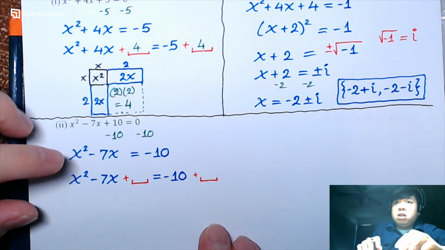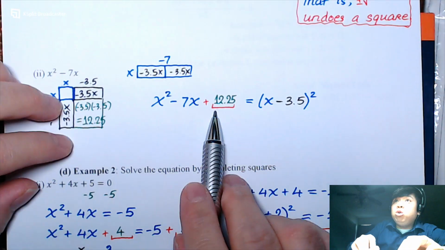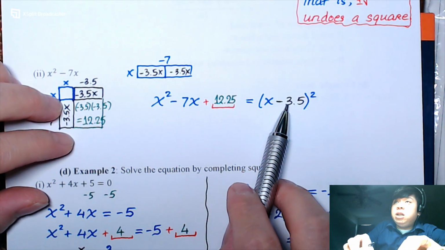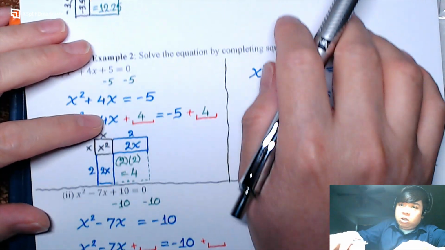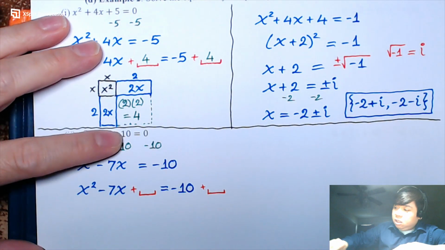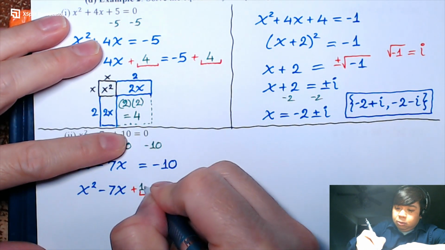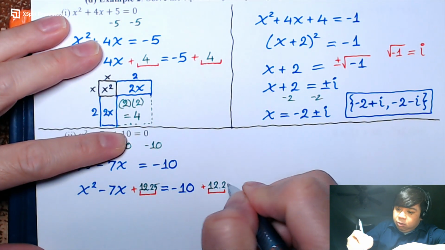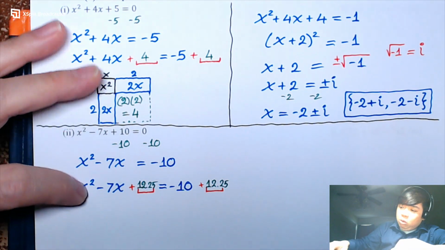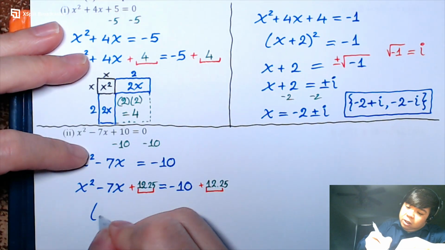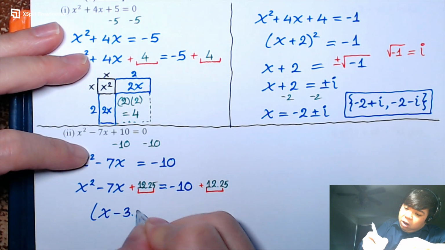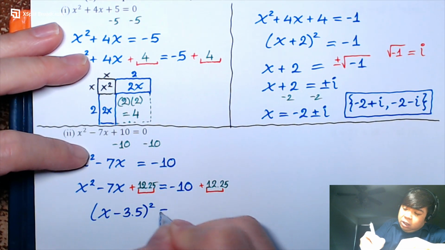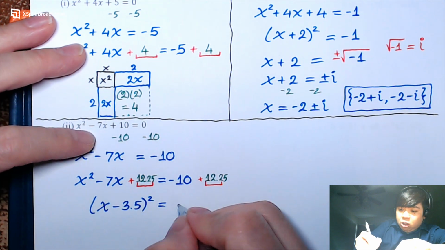And we already did this previously. We had 12.25 and the result will be minus 3.5. Okay, so we already did that. 12.25, and that will make a square of (x minus 3.5) squared. And subtract that, you have 2.25.